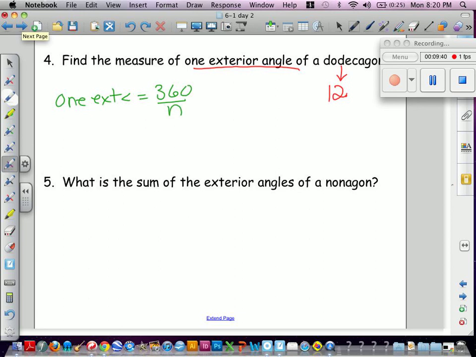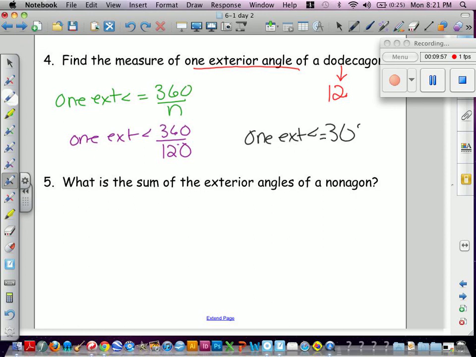One exterior angle equals 360, number of sides is 12. One exterior angle equals 30 degrees.